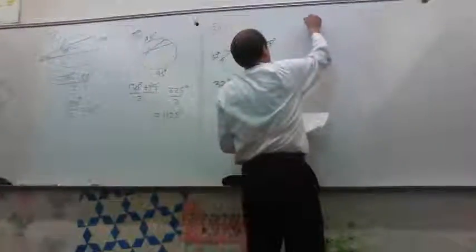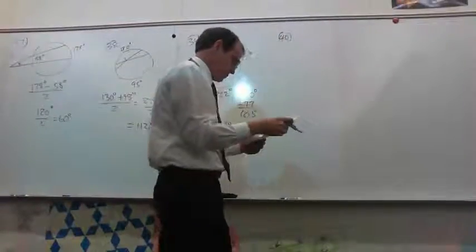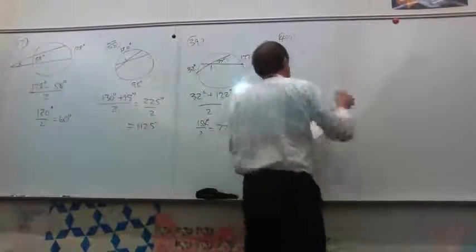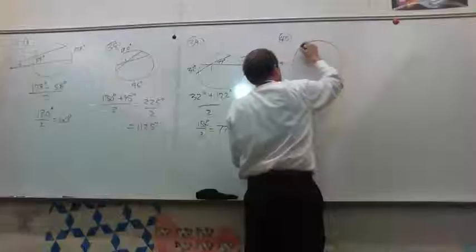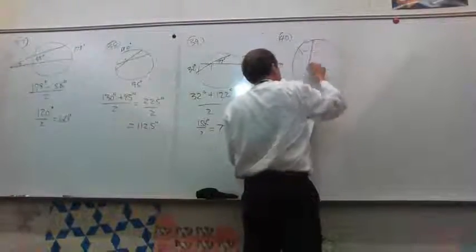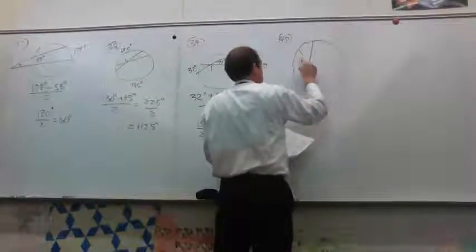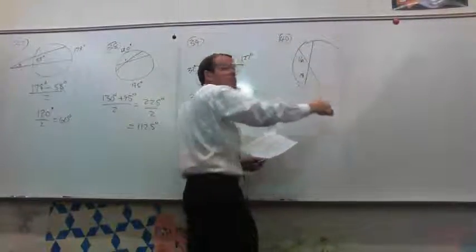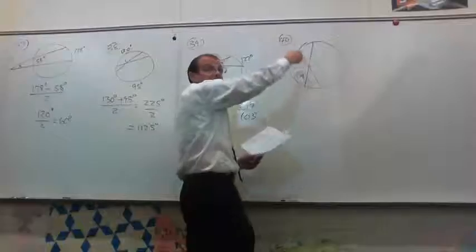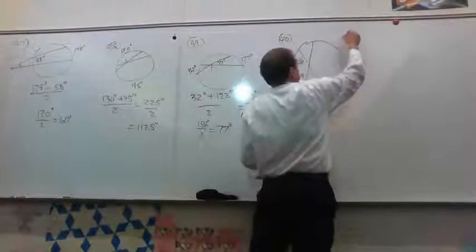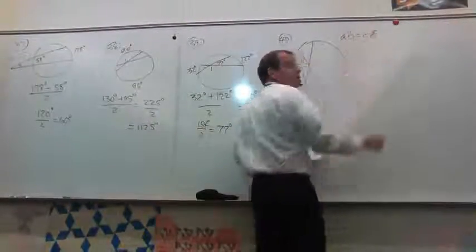Number 40. I was watching some of you working this problem out on Friday, and you were doing some silly things, like multiplying 16 times 18. Remember, they have to be in the same segments. This is a simple rule. It's A times B equals C times D, yes?